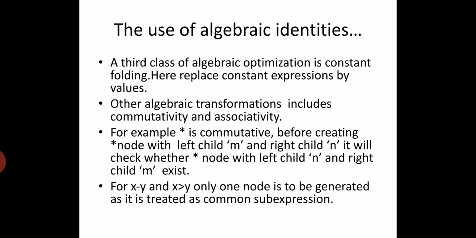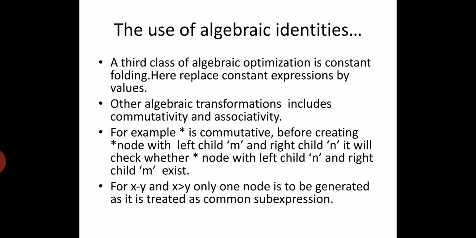Then another one is based on commutativity and associativity. That means if star is a node, it is commutative. Before building that node in the DAG, suppose we have to perform m star n, where m is the left child and n is the right child. If a star node already exists with n as the left child and m as the right child, it is also okay for this particular operation because both are same, because the star operator is commutative.